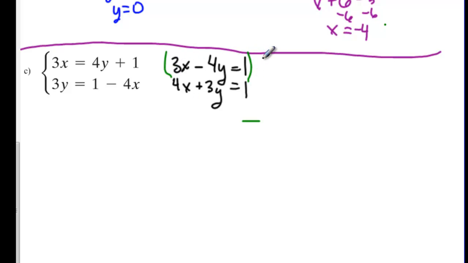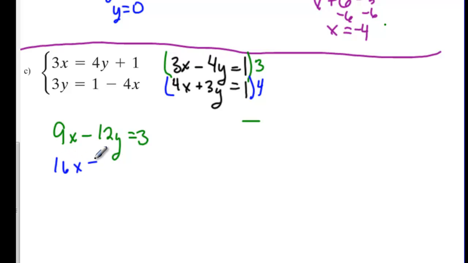All right, so on top, we're going to multiply by 3. So that's going to give us 9x minus 12y equals 3. And on the next one, we're going to multiply by 4. And that's going to give us 16x plus 12y equals 4.